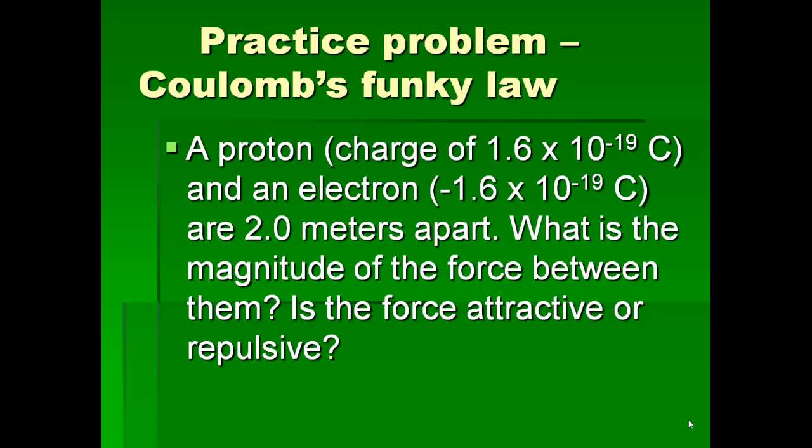So let's think about how we can use this formula to solve problems relating to the forces on objects. So we have a proton and an electron that are 2 meters apart. What is the magnitude of the force between them, and is it attractive or repulsive? Solve this problem and then move on.